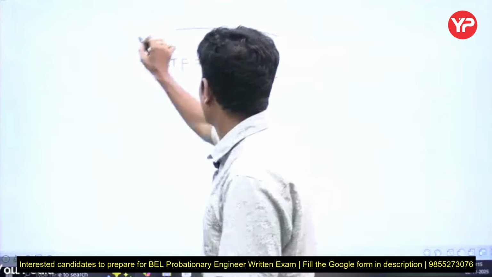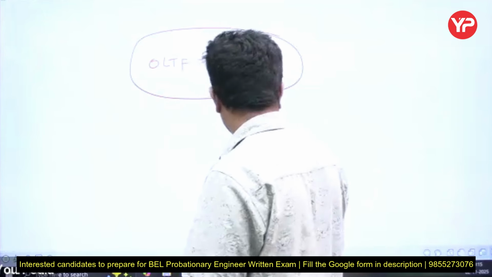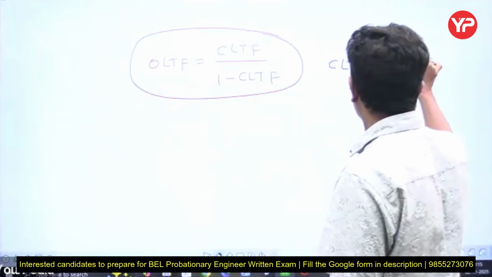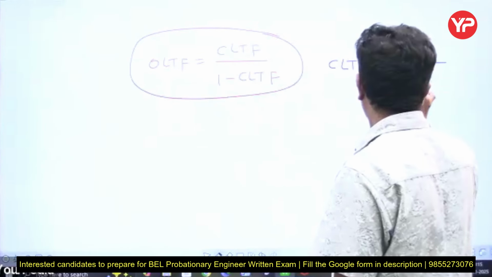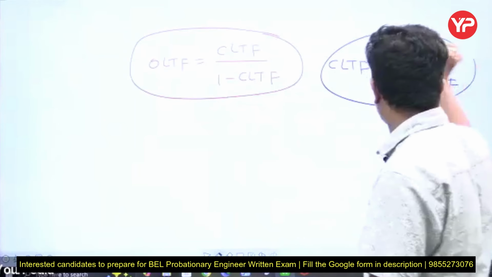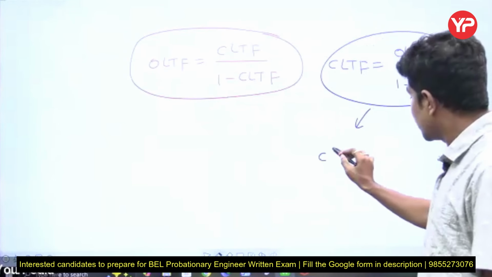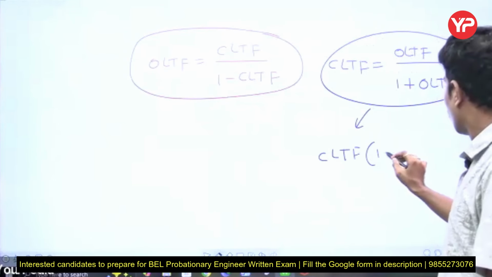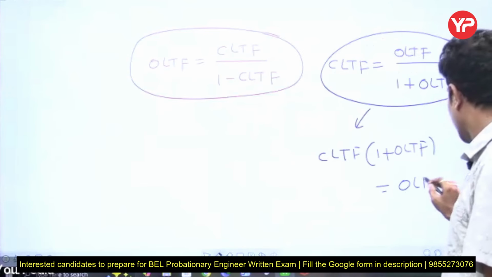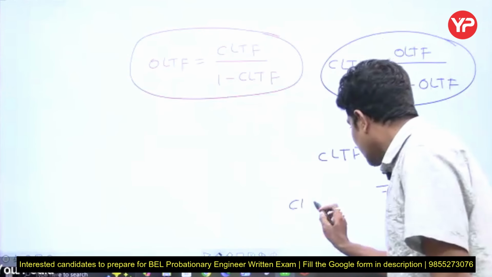Do remember this formula. You may be thinking, sir, from where did you get this formula? We know that CLTF is equal to OLTF by 1 plus OLTF for negative feedback. You operate on this. CLTF into 1 plus OLTF is equal to OLTF. Now segregate it.